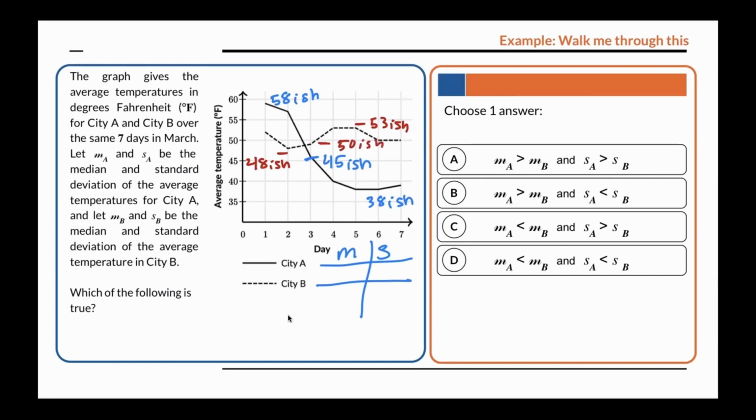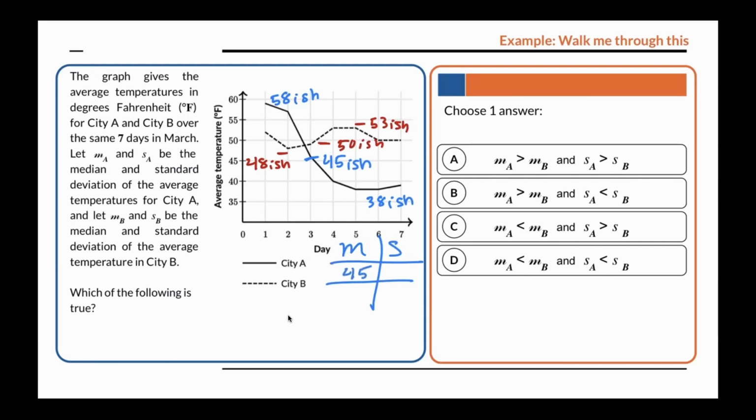Okay, and so the median for city A is 45.